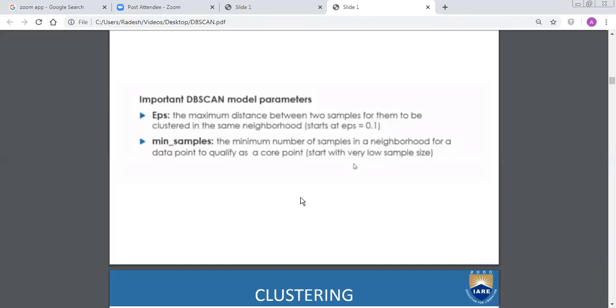And what is the minimum number of samples? The samples are once again the data points which should lie around the core data point we select. The important point is to start with a very low sample size, as low as possible. It can be 2, 3, 4, or 5, and maximum 6 we can say.